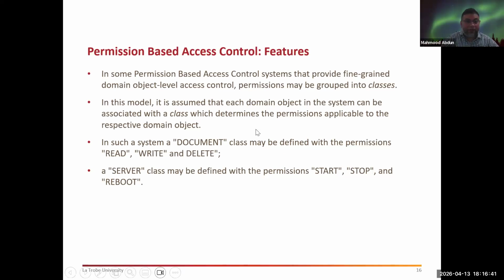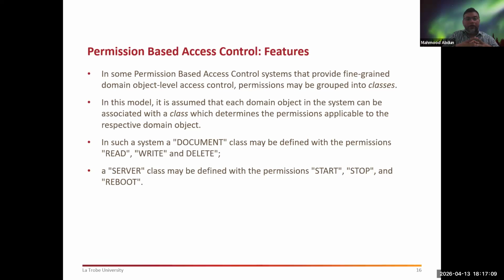So this is the difference between permission-based access control and let's say discretionary or role-based access controls. So if you have a document class, then that document class may have defined actions like read, write, and delete. I mentioned to you about the file system of Unix. A server class may define start, stop, and reboot, and so on. So permission-based is very granular.